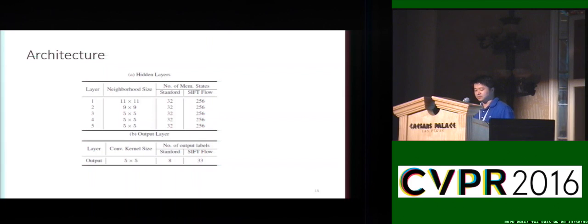This is the architecture we use. We have 5 layers of memory cells, with varying neighborhood sizes across the different layers, and the output nodes are set according to the number of output labels for each dataset.